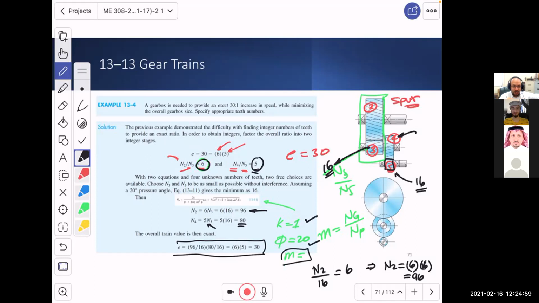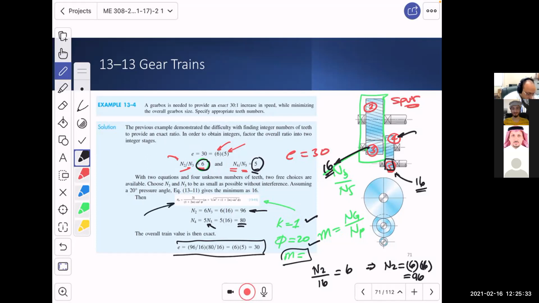So you might get for the first one like 16.1, the other one like 15.9 or something like that, so you will find that 16 is the closest value. This is due to the fact that M is very close. You understand? So remember, we are not inventing NP. We are calculating it to avoid interference using this equation. Good?